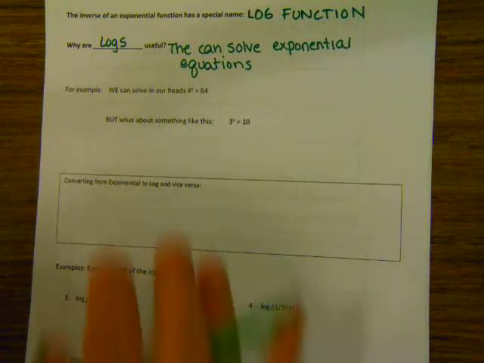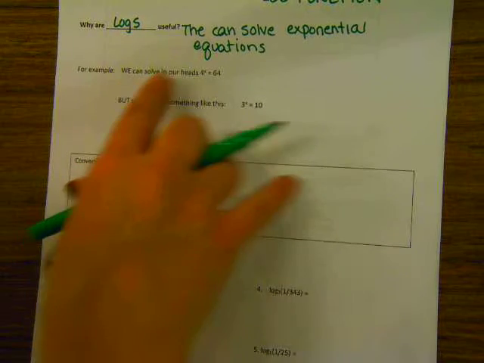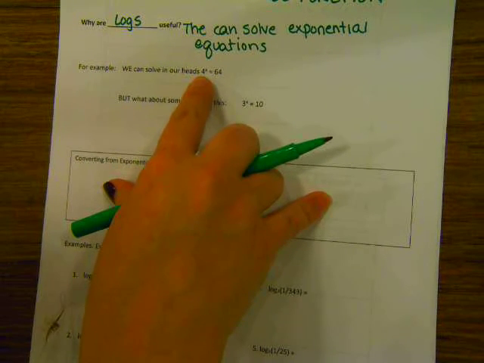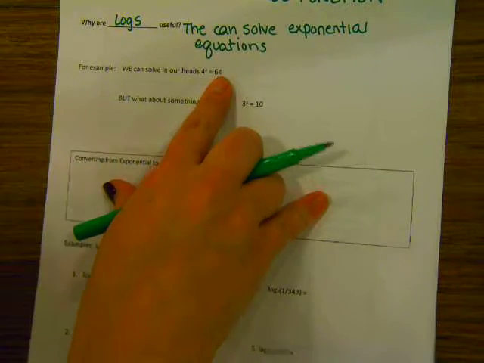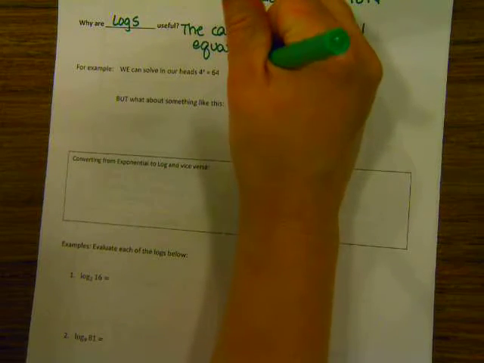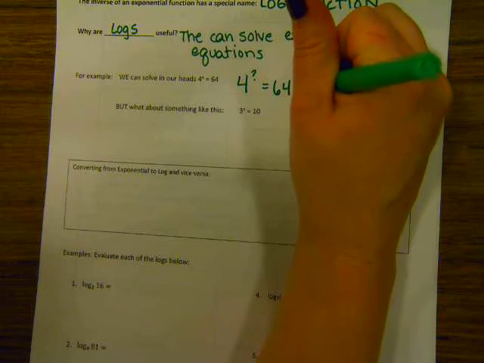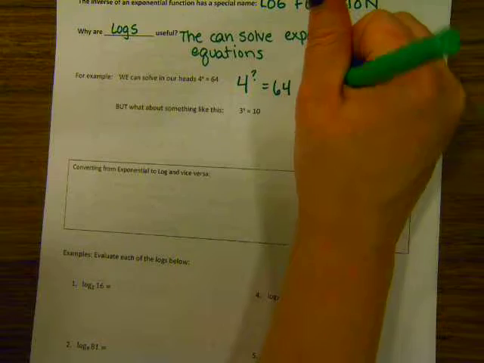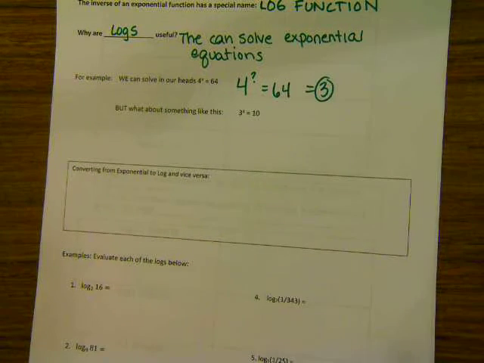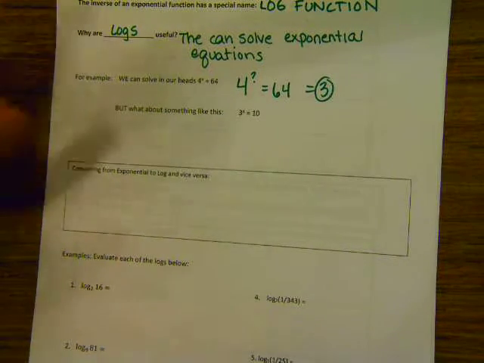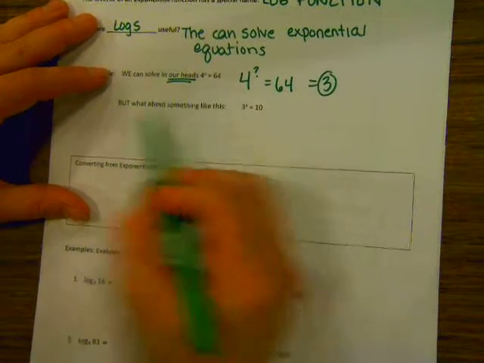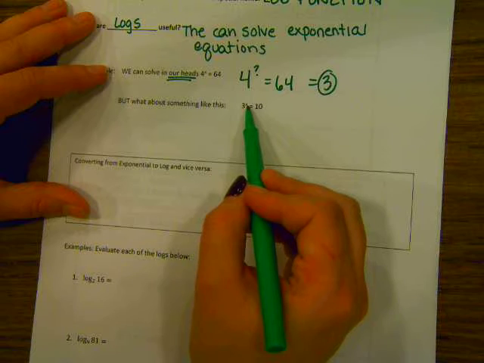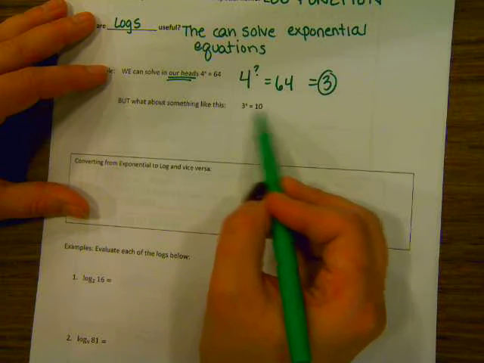Now, here's what I mean. Okay, like this. If I give you this equation, 4 to the x power equals 64, I think everyone in here could say 4 to what power makes 64? Clearly, the answer is going to have to be 3 because 4 to the third power is 64. So the answer to that equation would be 3. Again, we didn't have to do any math other than in our head, right? But something like this, 3 to the x power equals 10, there's no way to come across it.